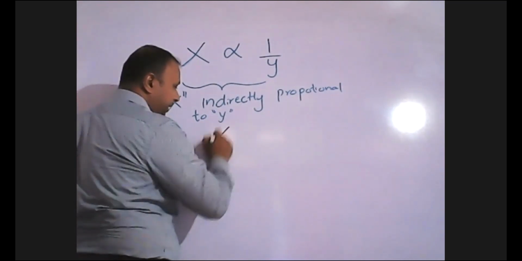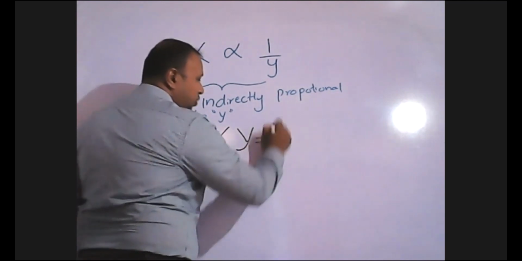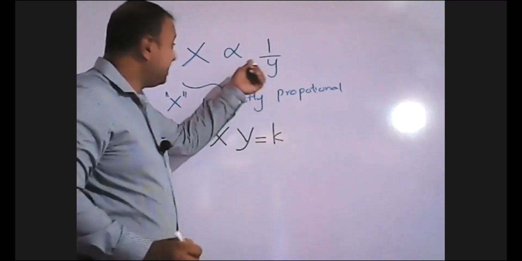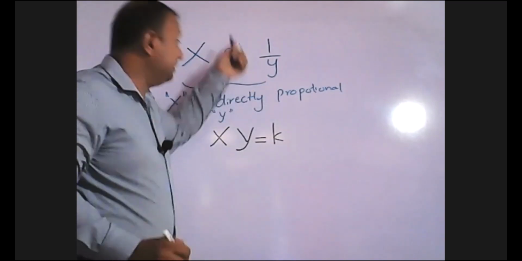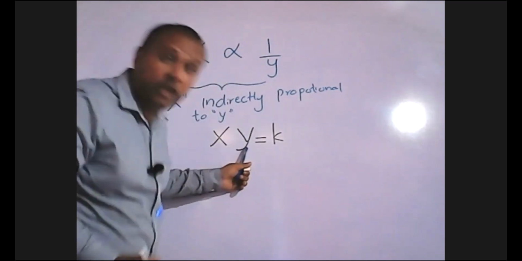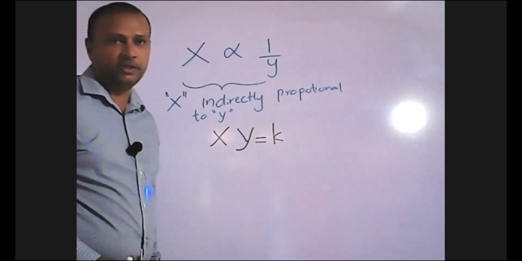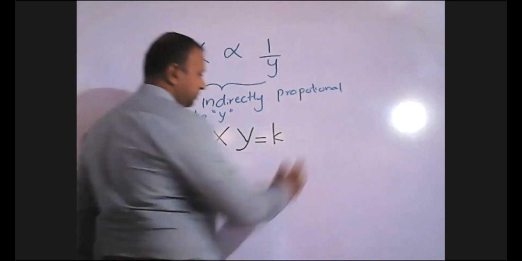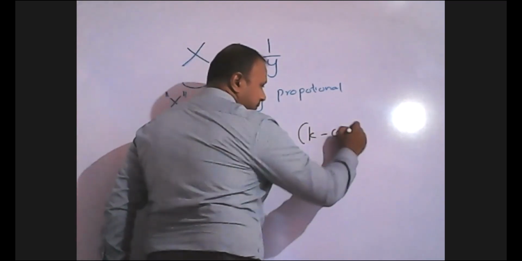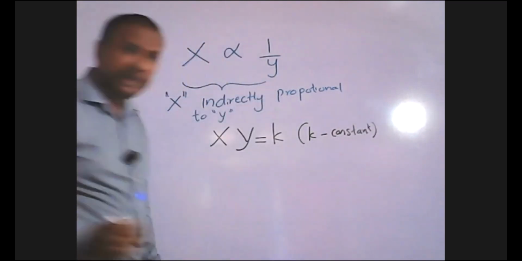Product means multiplication of those two physical quantities should be a constant. This relationship has been converted into an equation using their definition. Okay, so k is a constant.